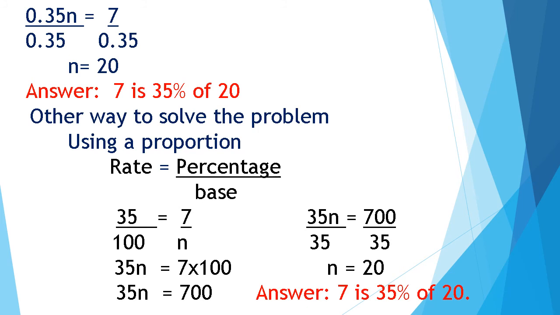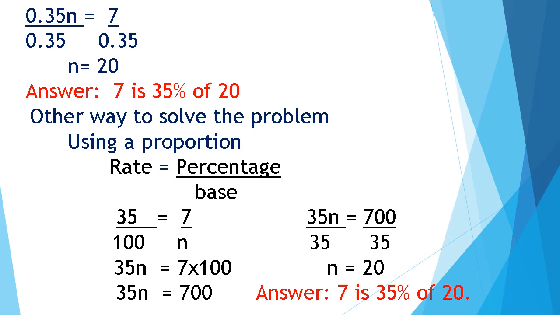So we have another way to solve the problem using a proportion. Rate is equal to percentage divided by base. So we change the rate into a fraction. So 35 over 100 is equal to 7 over n. The missing number is the base, so we let the missing number be n. So we are going to find the cross product. So 35 times n is 35n. 7 times 100 is equal to 700.